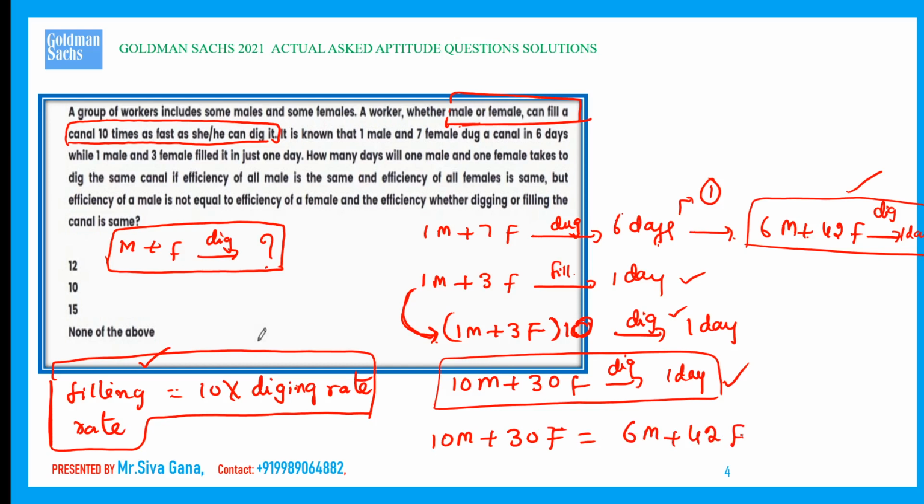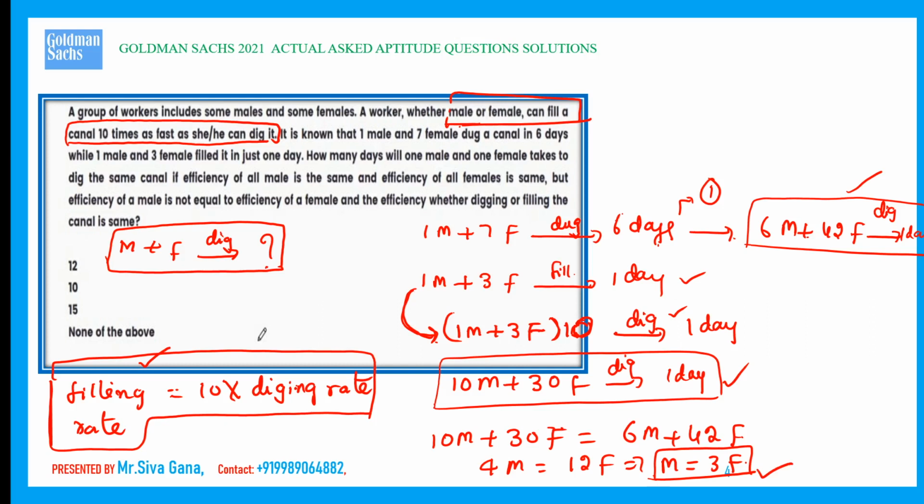So 4 male equals 12 female, which means the capacity of one male is equal to 3 times the capacity of a female. One male is equal to 3 female. This is the relation we are looking for.